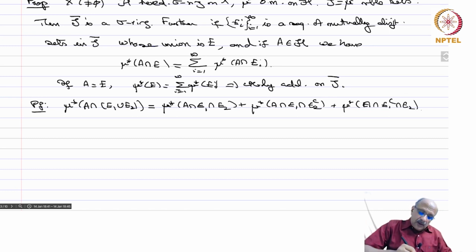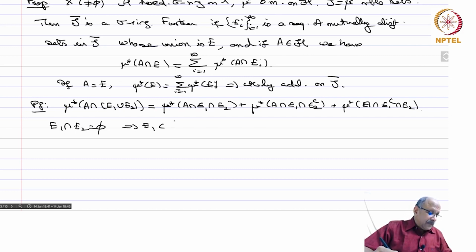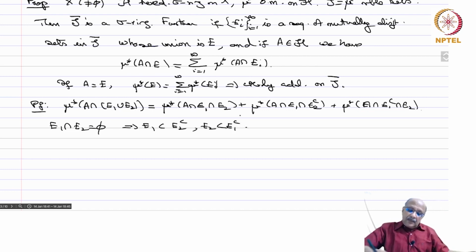Then if E1 intersection E2 is empty, then what do you have? That E1 is contained in E2 complement and E2 is contained in E1 complement. So you apply all these three things.